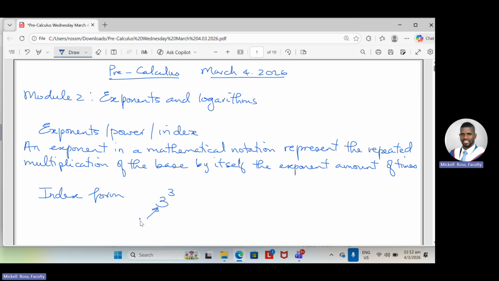Where you have the base, and then here is the exponent, same thing as the index, same thing as the power. Now, what it does is that it tells you how many times the base is going to be multiplied by itself. So it's 3 times. Why 3 times? Because it is the exponent amount of times and the exponent is 3. So it tells us that the base is going to multiply itself 3 times, which would give us 27.